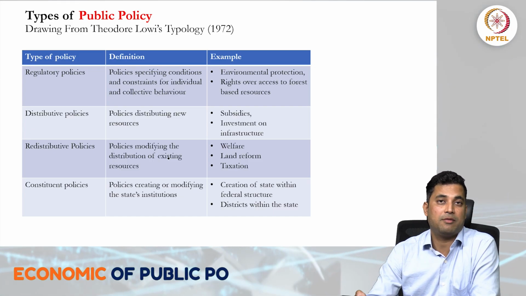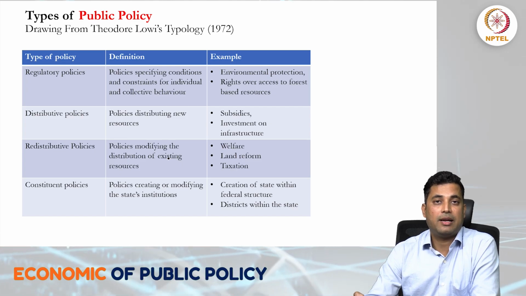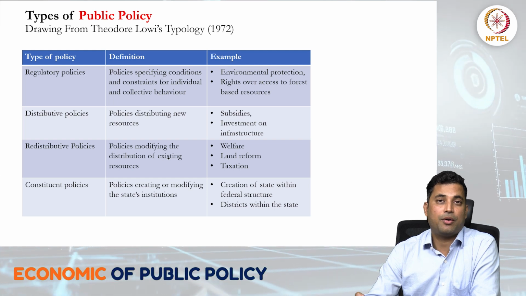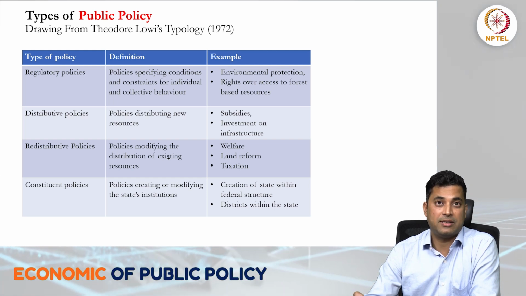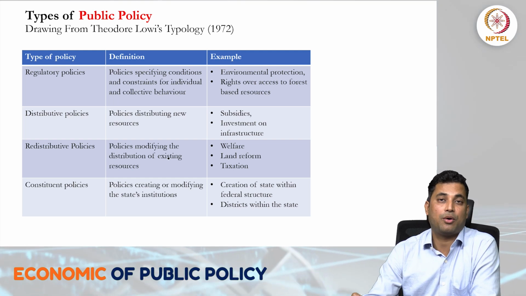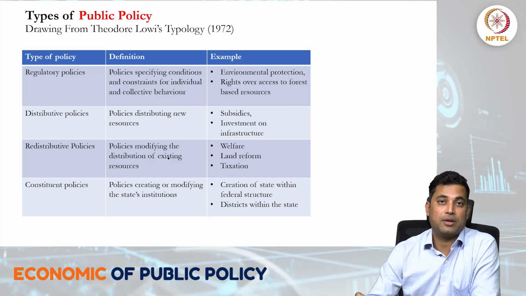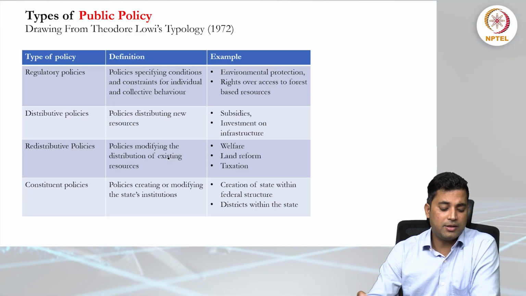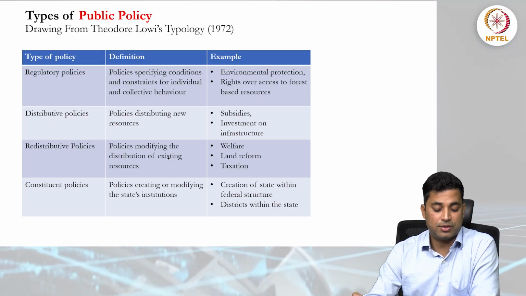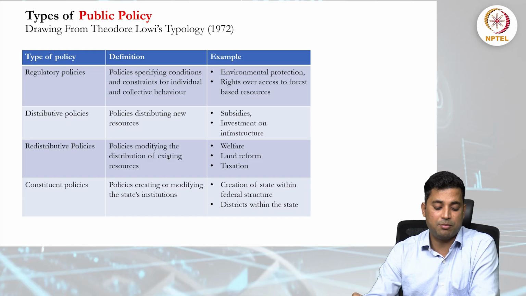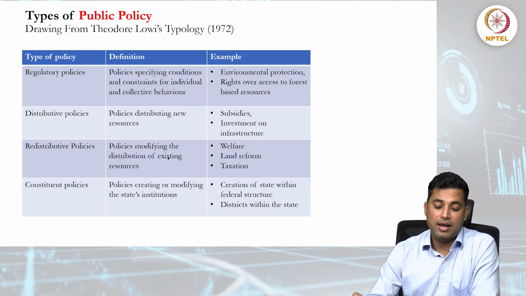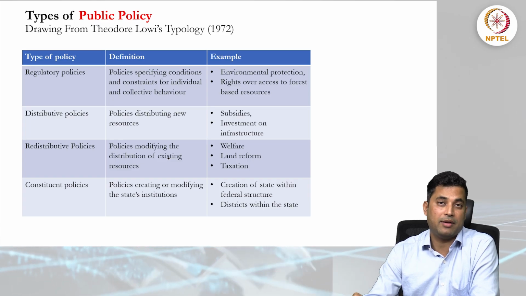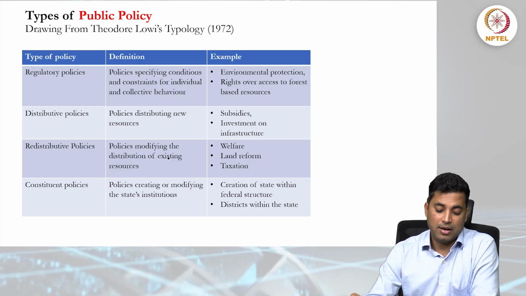It could be investment on social infrastructure, such as investment on education or health, or investment on physical infrastructure, meaning investment on roads, highways, or aviation. So redistributive policies are those which modify the distribution of existing resources, and examples could be welfare, land reform, and then various taxations.